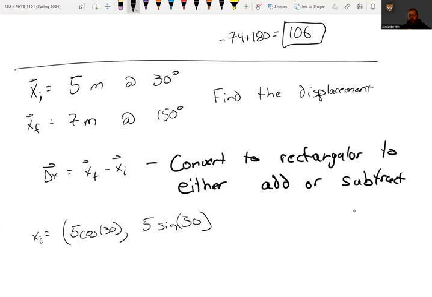As long as your angle is being measured from the x-axis, then the x component is going to be your hypotenuse or your magnitude times cosine of the angle, and your y component will be your hypotenuse or your magnitude times sine of the angle. Your x final will be 7 cosine of 150 and then 7 sine of 150.